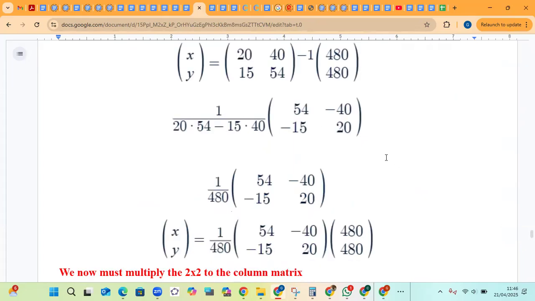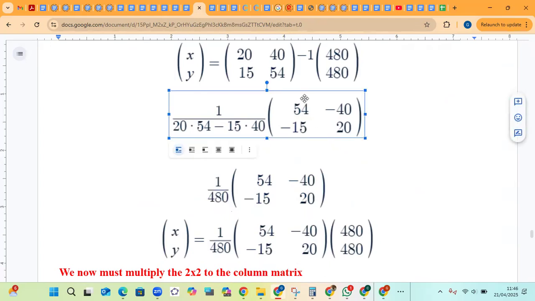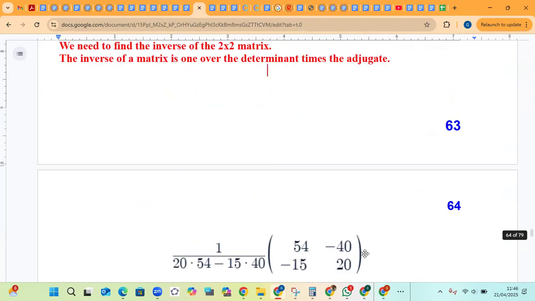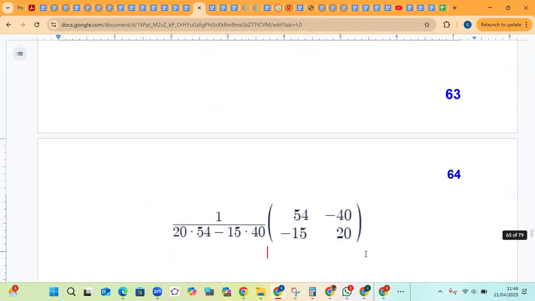So here we've got the inverse, 1 over 20 by 54 minus 15 by 40 times 54 and 20 swap position, and actually this step is supposed to come after that step.